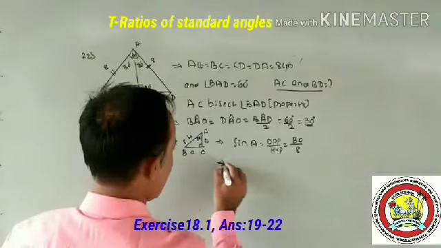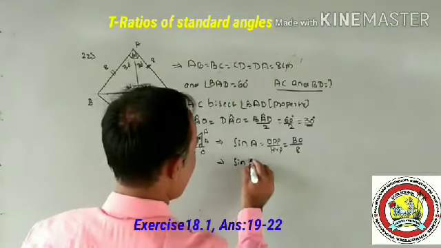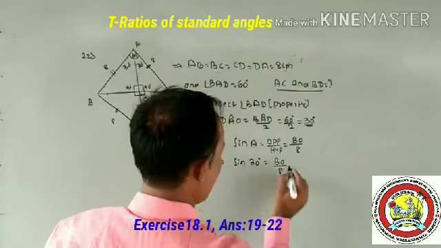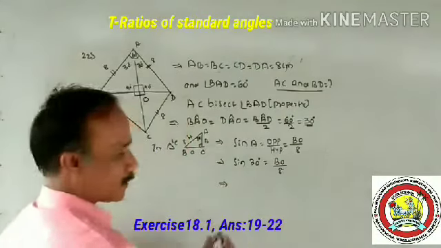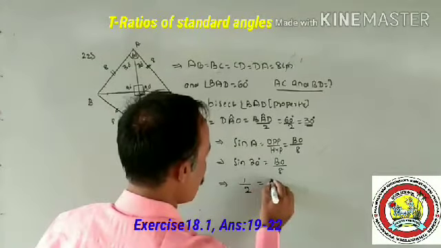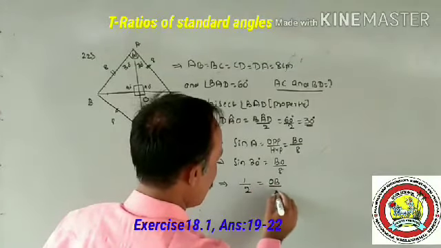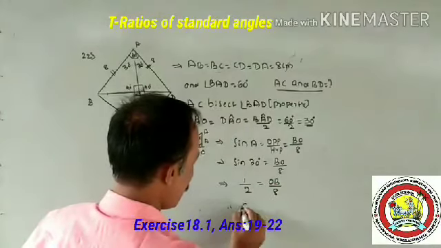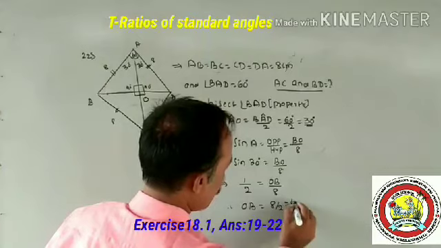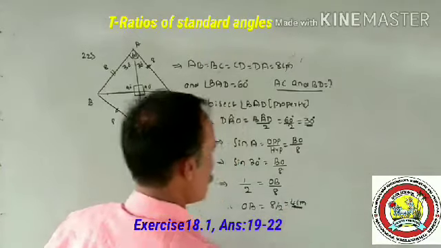So sin 30 degrees is equal to BO, or OB, divided by 8. The value of sin 30 degrees is 1 by 2. So 1 by 2 is equal to OB divided by 8. Therefore OB is equal to 8 divided by 2, that is 4 centimeters. Therefore OB is the same as OD, equal to 4 centimeters.